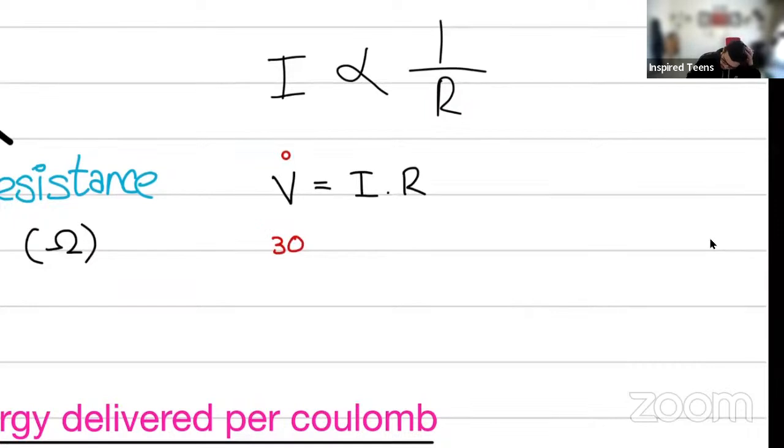If I have 5 amps of current, how much resistance is required to have 30 volts? That's easy, we just do multiplication or division. That would be 6. 6 ohms would be needed. Now remember, we're keeping our voltage the same.